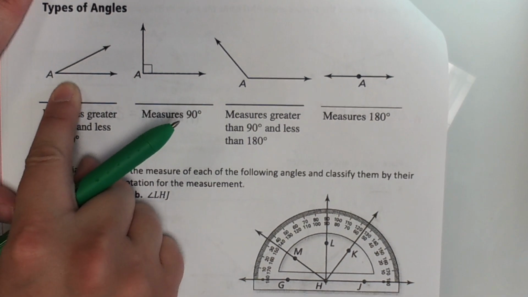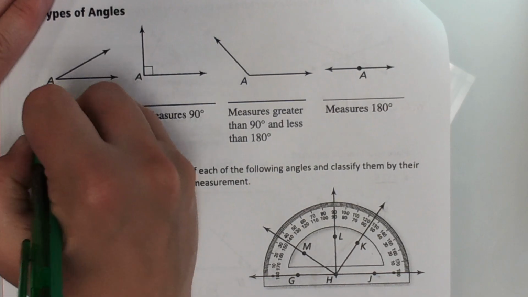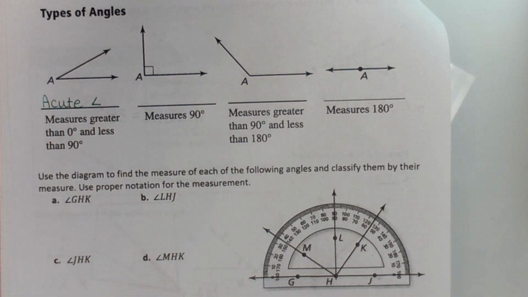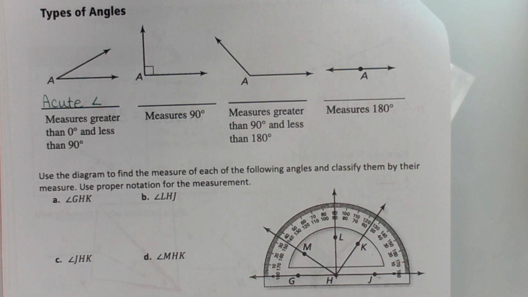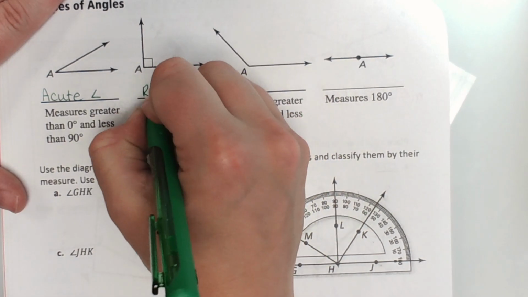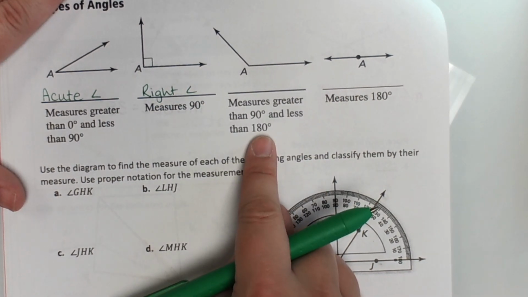An angle that's smaller than 90 degrees. Do you remember what that's called? Acute. It's an acute angle. You could have a 45-degree angle, but it's not guaranteed to be 45. A 90-degree angle is known as a right angle. Greater than 90?